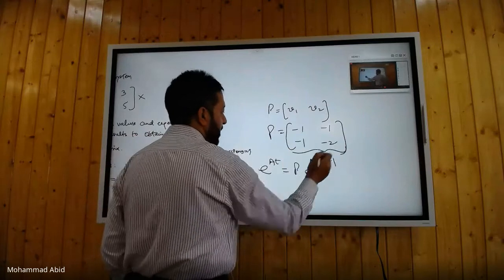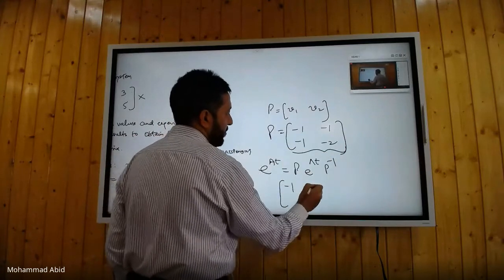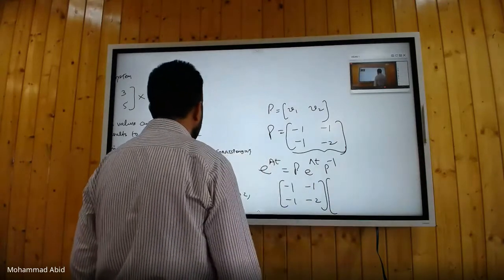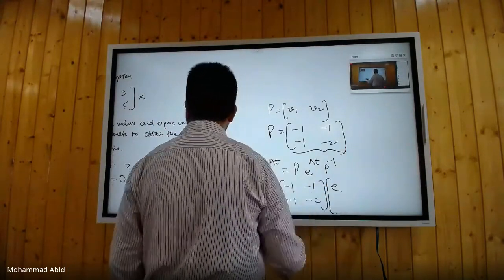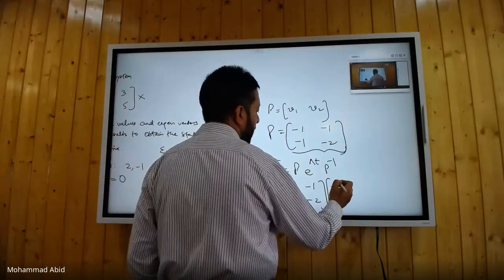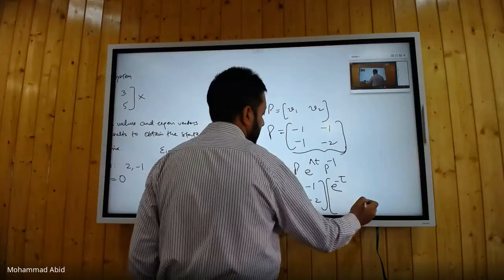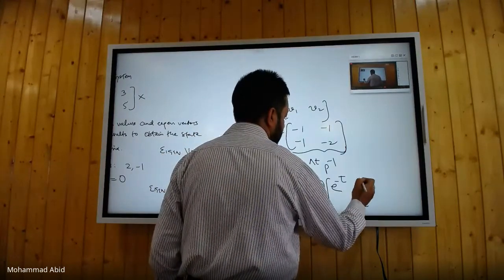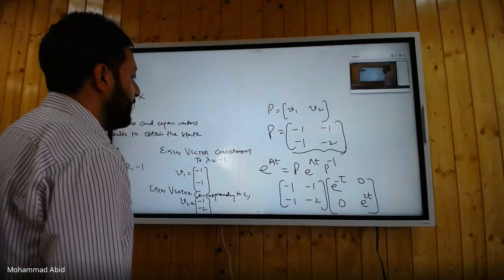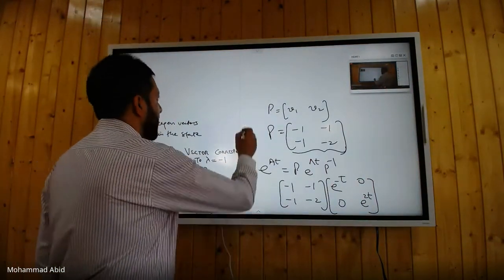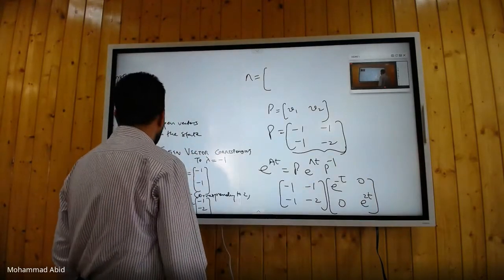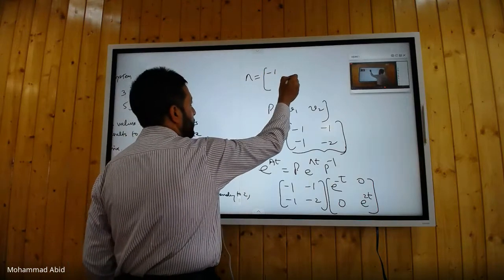P is this, that's -1, -1, 1 and -2. What is e to the power lambda t equal to? You know what the eigenvalues are, -1 and 2. So it is e to the power -t, e to the power 2t, 0 and 0, because the diagonal matrix will have -1 and 2 along the diagonal when you diagonalize it.